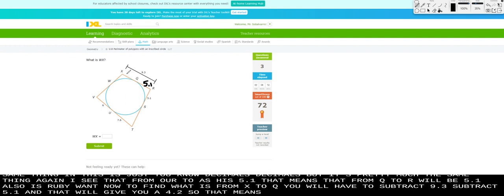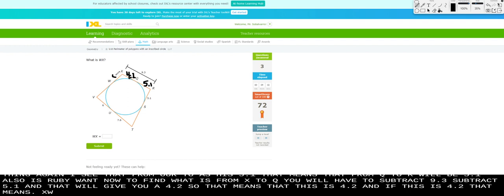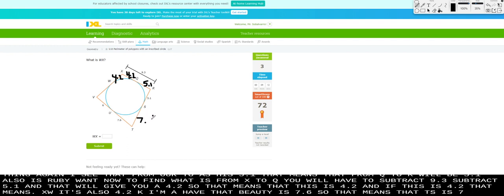So that means that this is 4.2, and if this is 4.2, that means that XW is also 4.2. Okay, I have that UT is 7.6, so that means that TS is 7.6.